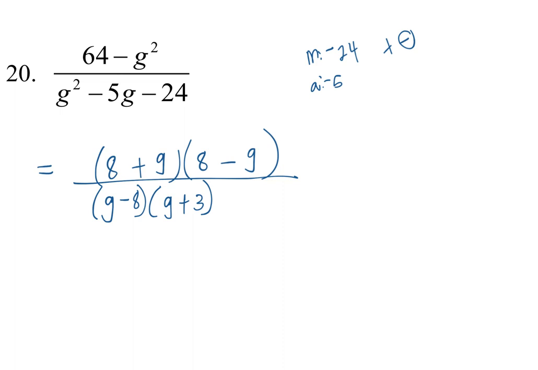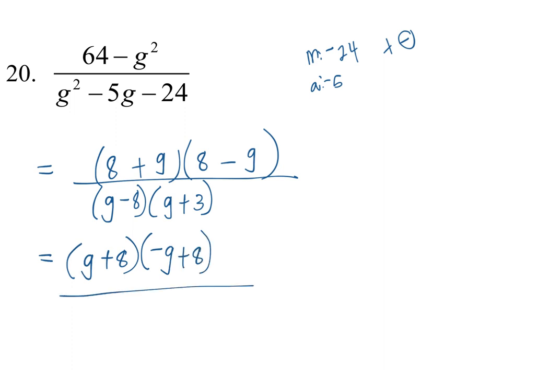Notice I'm not for sure right now if anything cancels between this g minus 8 and the 8 plus g and the 8 minus g. Let me rearrange them to where the variable is in front, just to see if it's any clearer. So I have a g plus 8. This could be considered negative g plus 8 in the back.